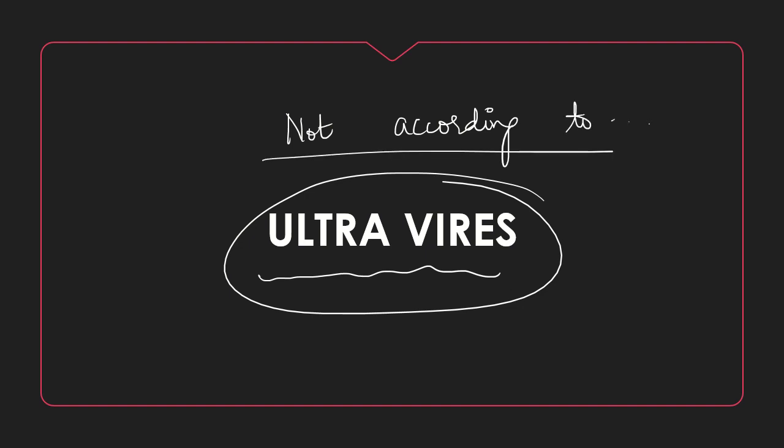All right. So when I say ultra vires, this is actually a Latin word. So if you don't know it, it's okay. Perhaps I have not pronounced it correctly because again it is Latin, but I just used this fancy word because we are supposed to know fancy words when we are studying the law. Ultra vires basically means not according to.